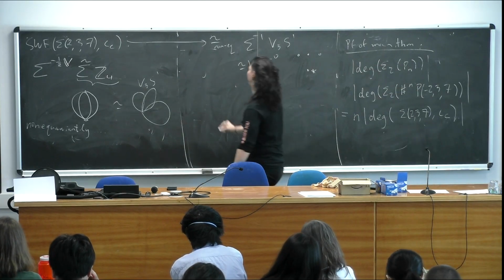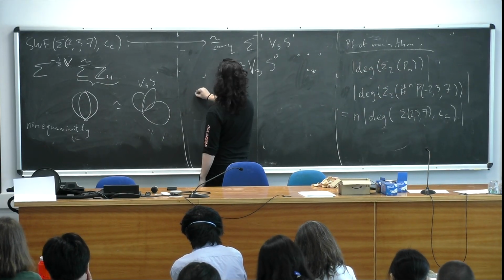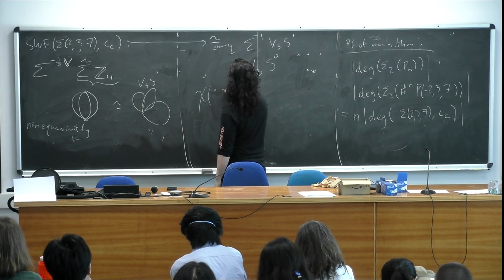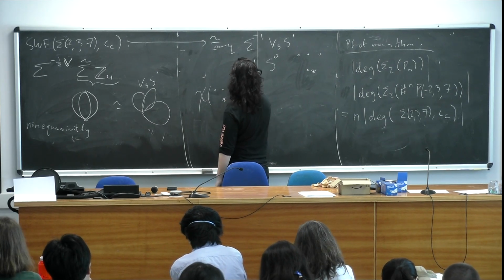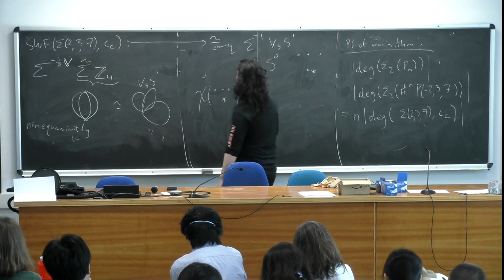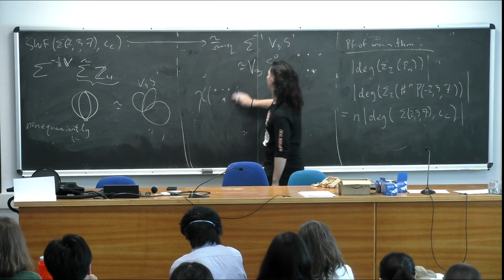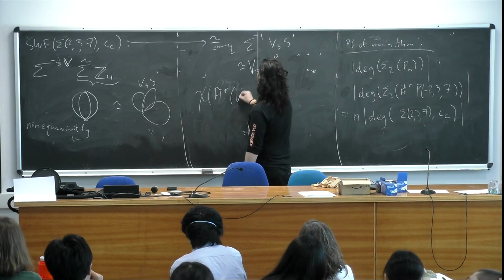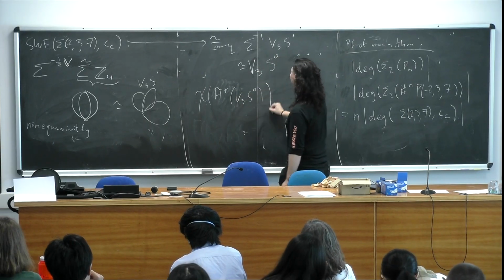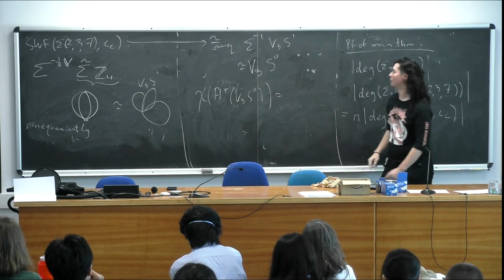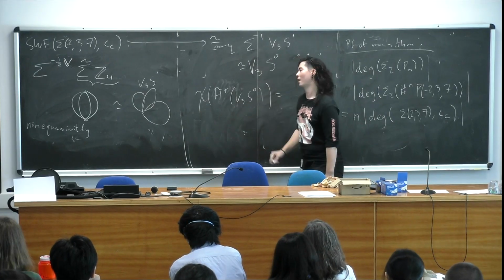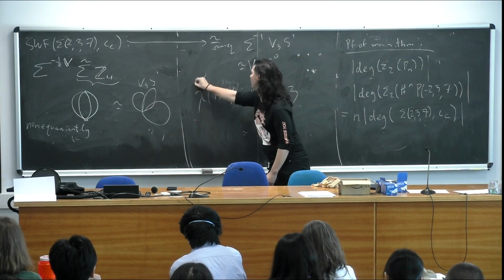Okay, well, what is the Euler characteristic of the homology of that guy? Well, this is rank 3 in 1 degree, so the Euler characteristic is 3.